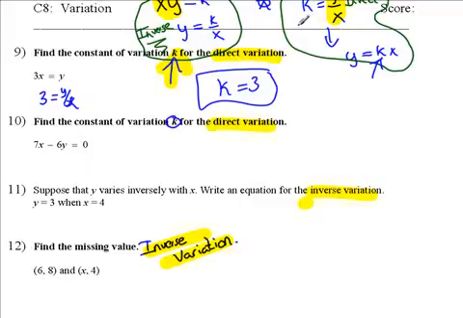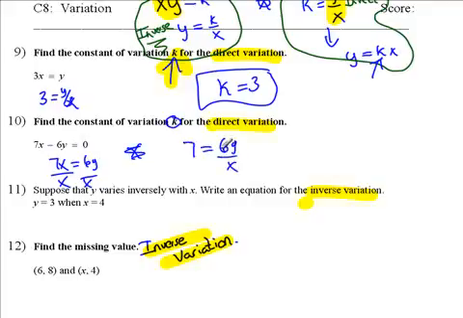Number 10, find the constant for the direct variation. Well, again, if I can write this equation so it says a number equals y over x, I'm done. First thing I want to do is add this 6y to both sides, so 7x equals 6y. And now divide by x. X is reduced out. 7 equals 6y over x. I want to get rid of the 6.